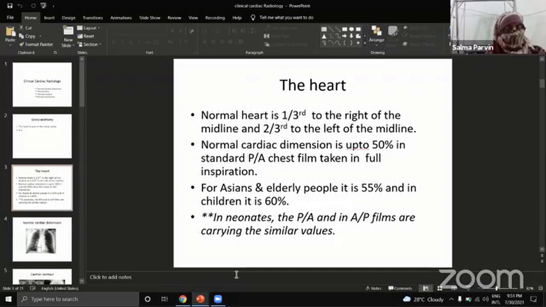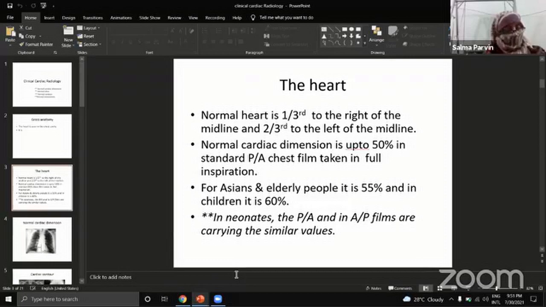So you need not take an erect film in neonates, you need not arrange the scenario to hold the child up with the hands of the parents. Don't need it, because the AP film and PA film carry similar values in cases of chest X-ray.